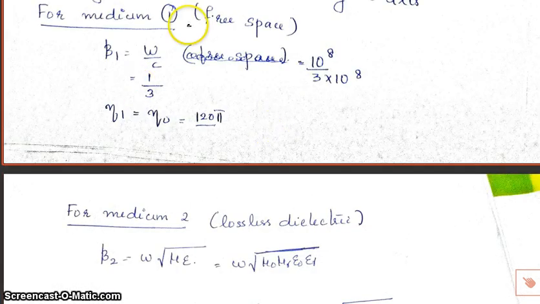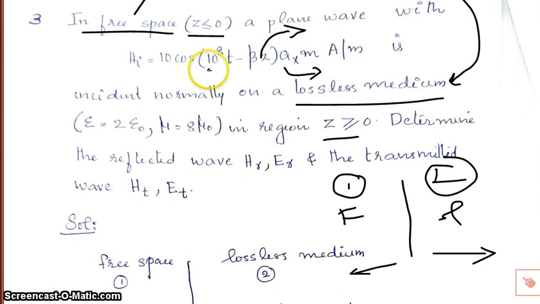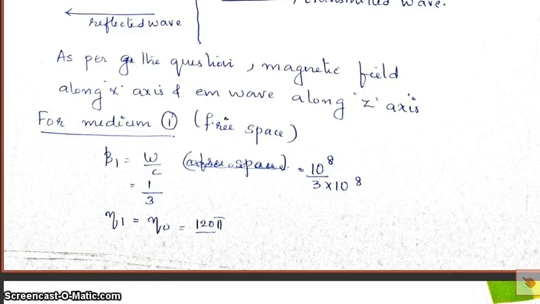Medium 1 is free space, so you know what is beta. Beta is equal to omega by c. Here the subscript 1 is used to identify that it is your first medium. So beta 1 equals omega by c. From the given question, omega is 10 raised to 8. You will get it when you compare it with the standard equation.